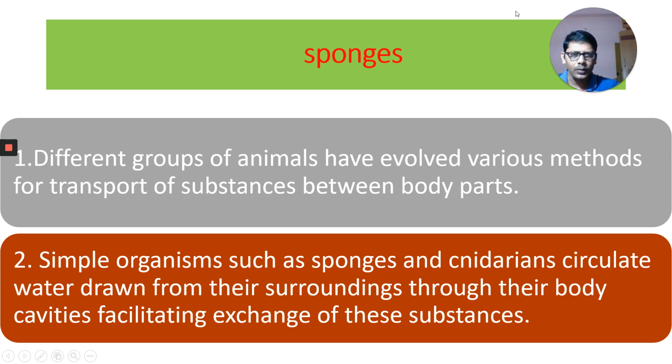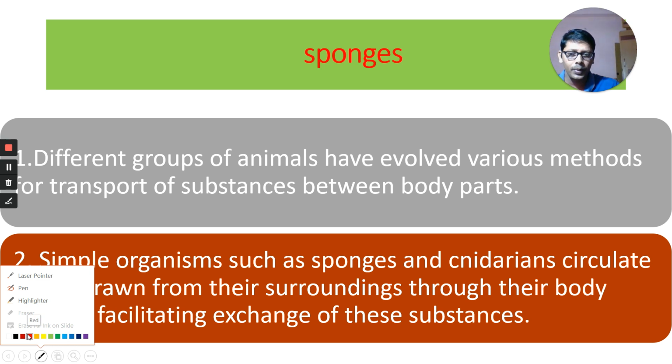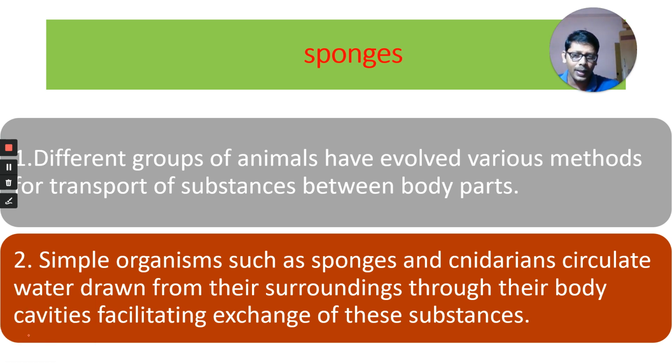Like that, there are so many differences across different phyla. Sponges belong to the phylum Porifera. Different groups of animals have evolved various methods for transport of substances between the body parts. All animals belonging to different phyla do not have the same type of transport.